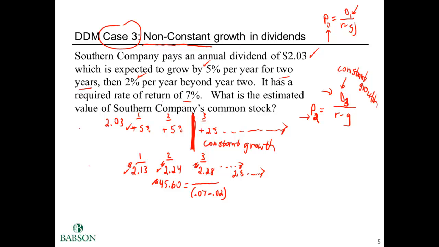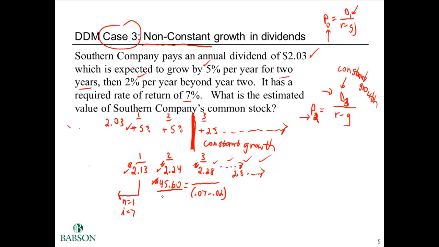Now, if you don't sell it in year 2, then you're going to get the dividends beyond that, but they're worth $45.60 in year 2. So we've now encapsulated the problem into a solvable format. All we have to do now is find the present value of $2.13 by bringing it back 1 year at a discount rate of 7%.